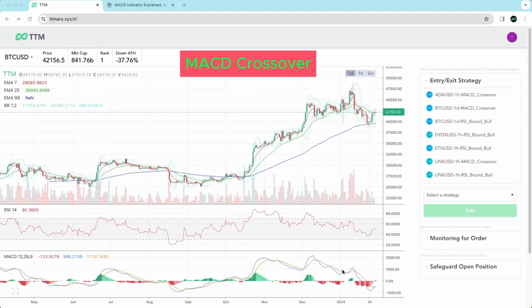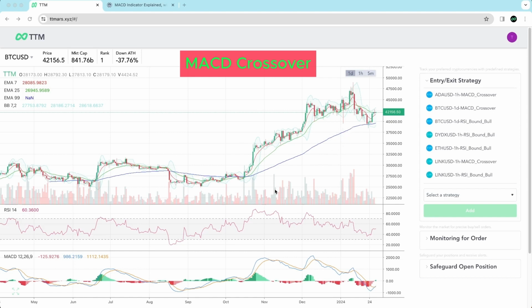The MACD crossover strategy is mostly based on this observation. When MACD crosses down the signal line, it means the market is turning bearish. As you can see at this point and at this point, the MACD is crossing down the signal line. So if you see the price chart, the price is very likely to reverse its course.